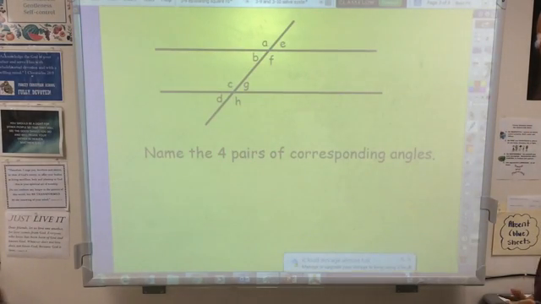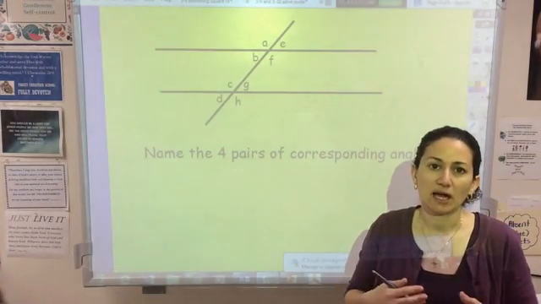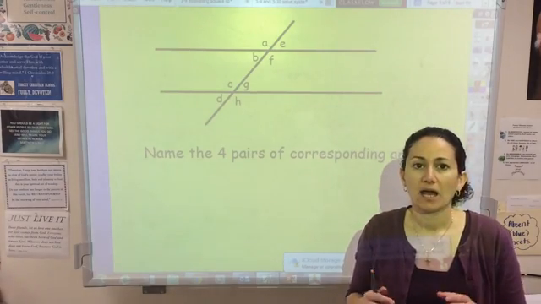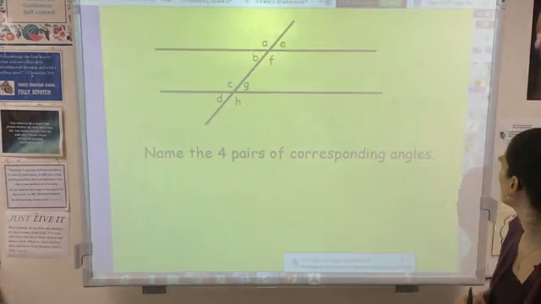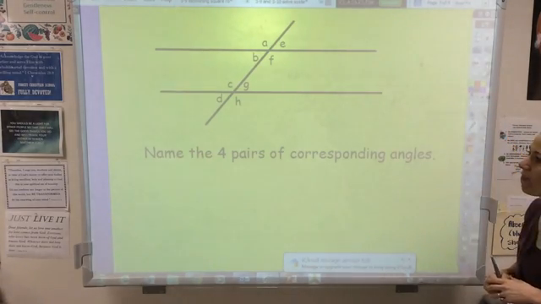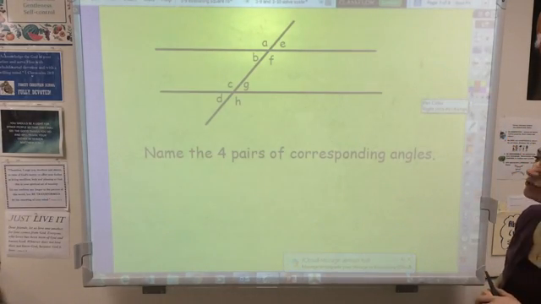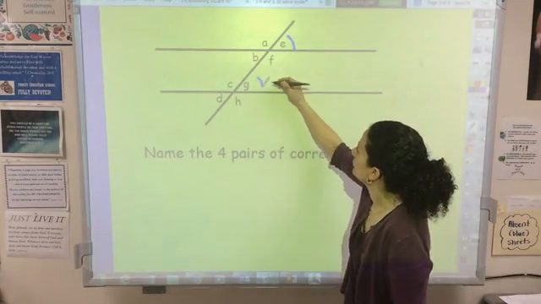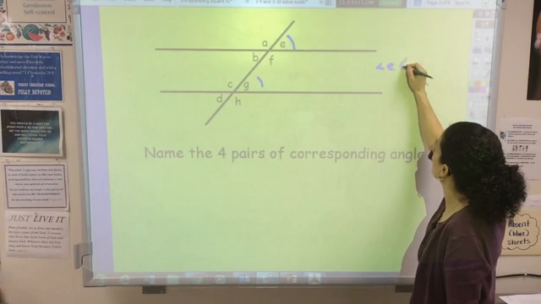I want you to see if you can name the 4 pairs of corresponding angles. Pause the video, copy the diagram, and see if you can name 4 pairs of corresponding angles. Okay, let's see if you got them all. Angle E and angle G are corresponding. You get those?